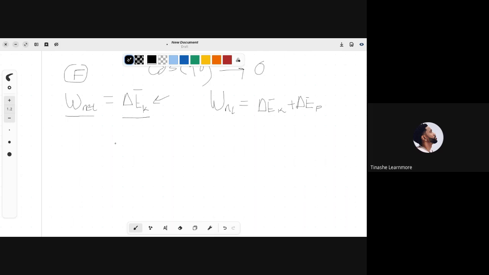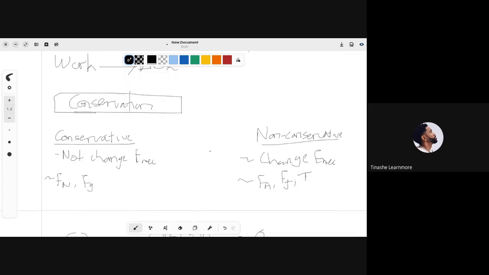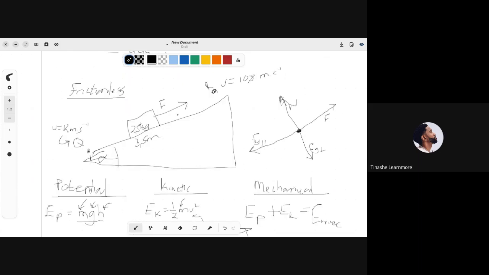I'm going to start off by making the substitutions. What we know about the W net is that the net work done is a result of the work done by this applied force, plus the work done by the FG parallel. We do not regard the FG perpendicular.